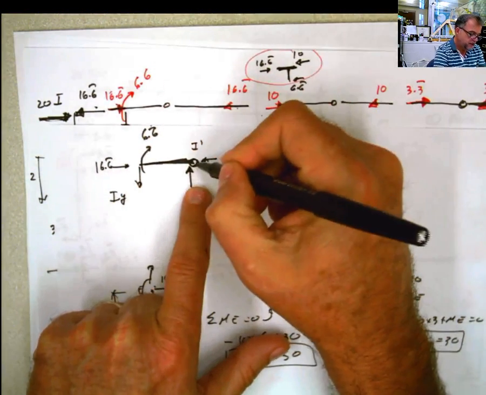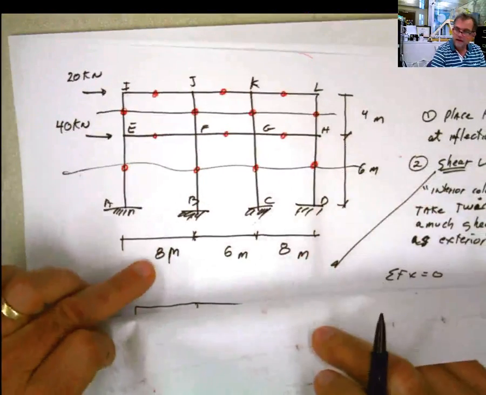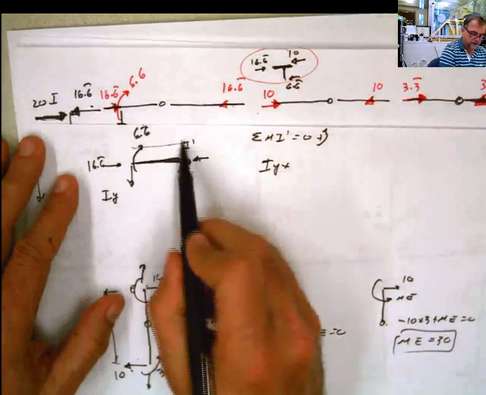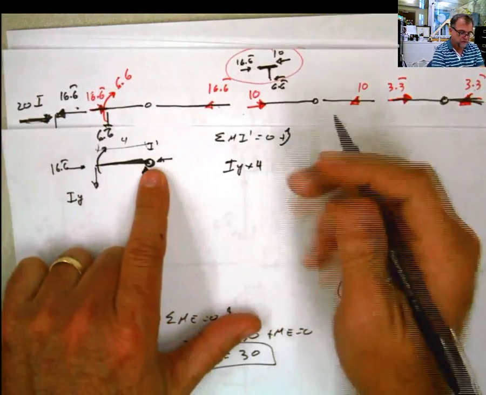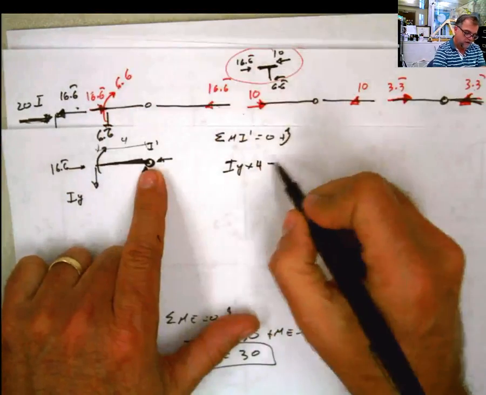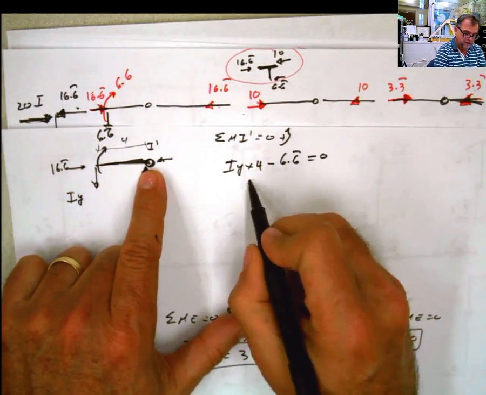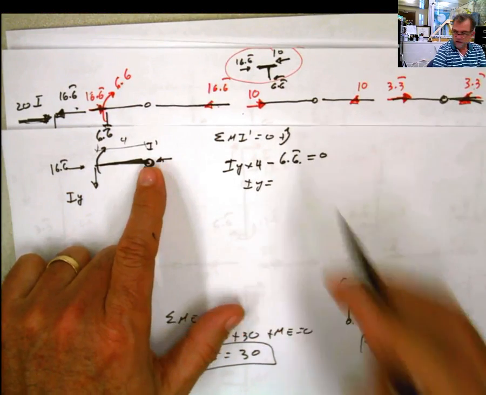That hinge I place at half of the length. And what is the length? The length is 8, so this distance from here to here is 4, minus 6.6 equals 0. My IY then is going to be 6.6 divided by 4.